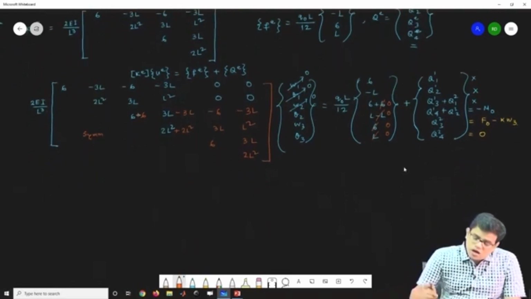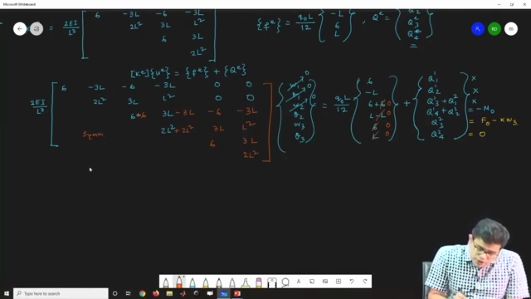So now once we substitute this, then what shape will it take?